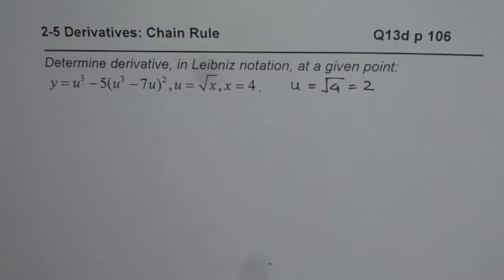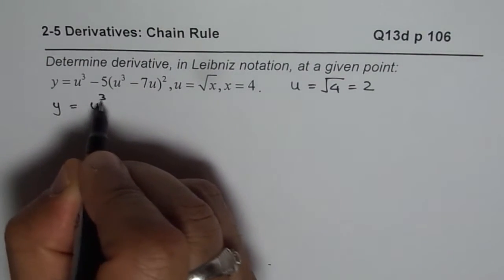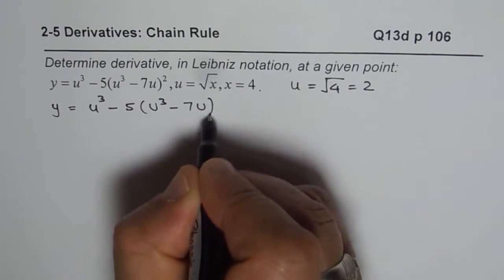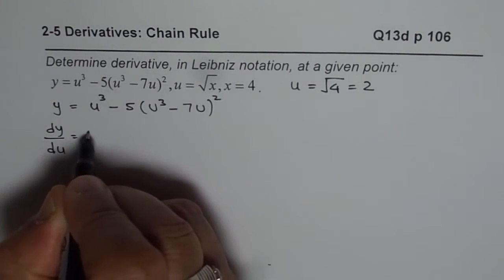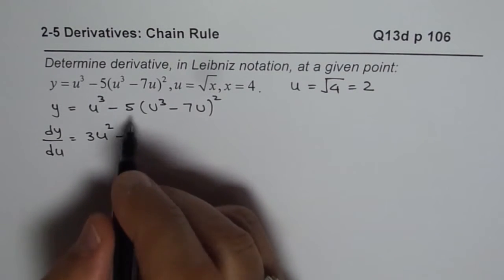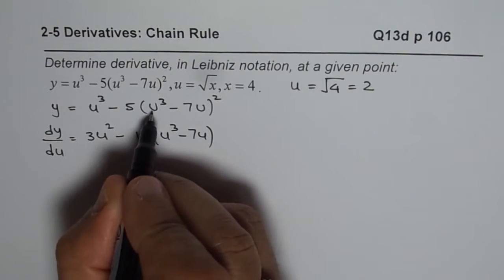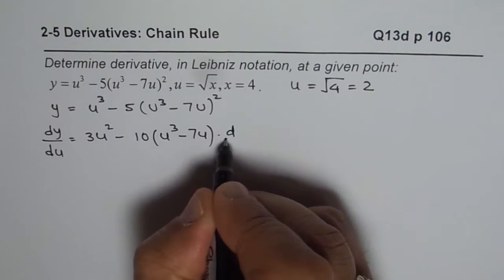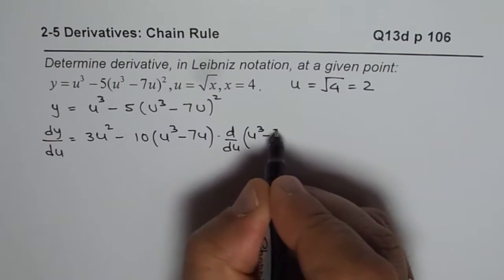Now let's find the derivative one by one. The first function given to us is y equals u cubed minus 5 times (u cubed minus 7u) whole squared. So dy/du is, by the power rule, 3u squared minus, this is a constant, so 2 times 5 is 10, (u cubed minus 7u) times the derivative of the inside function, d/du of u cubed minus 7u, right?